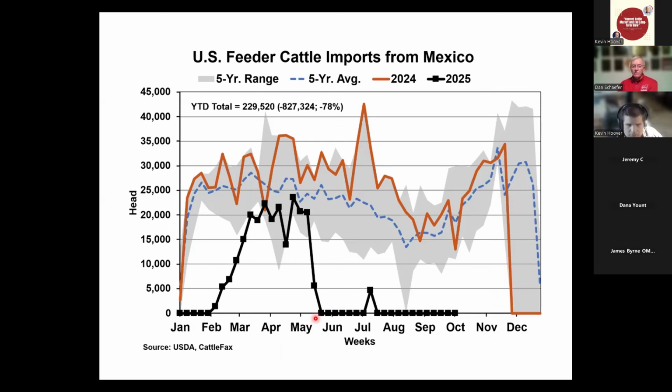And that supply of feeder cattle is not present now. And so consequently, we have a further shortage in feeder cattle supply for the U.S. production system. This is, of course, because USDA, fortunately, is seeking to reduce the risk of the screwworm fly from entering the U.S. cattle population.